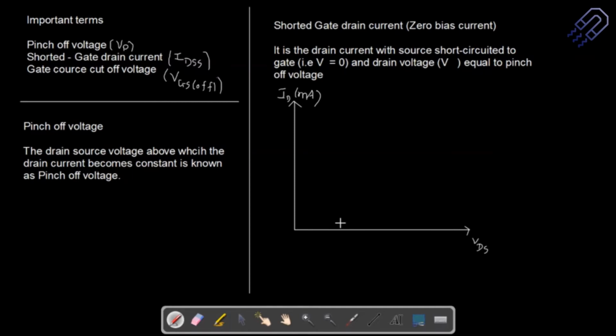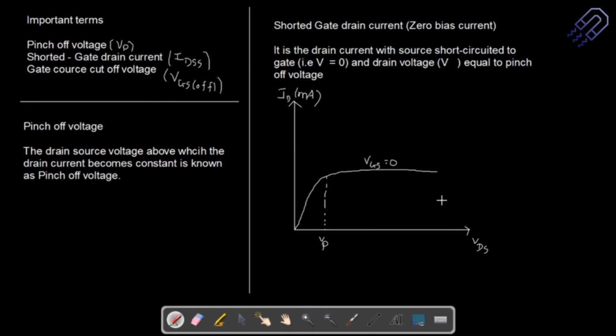And then maybe we will have it this way. Maybe this is your pinch off voltage, and this is something which we get for VGS equal to 0.